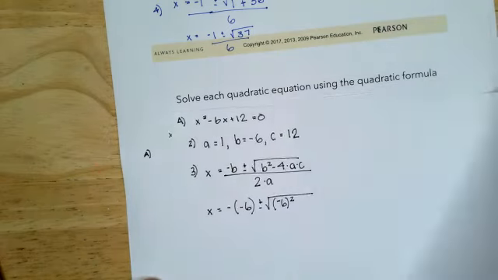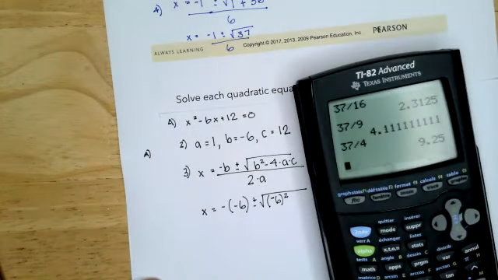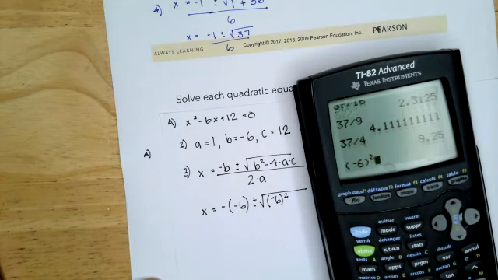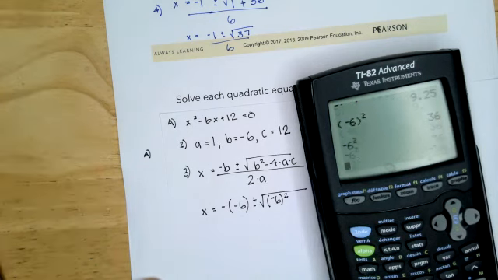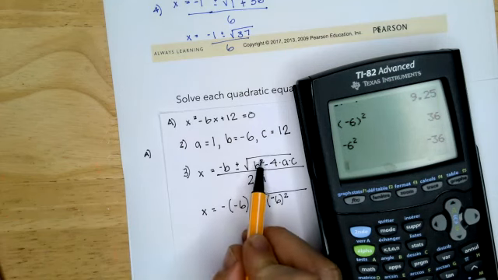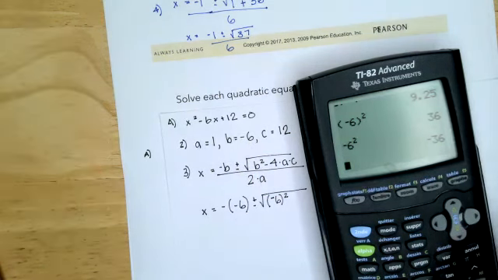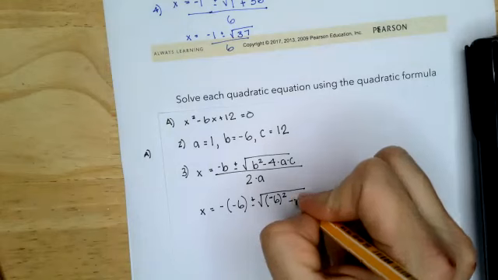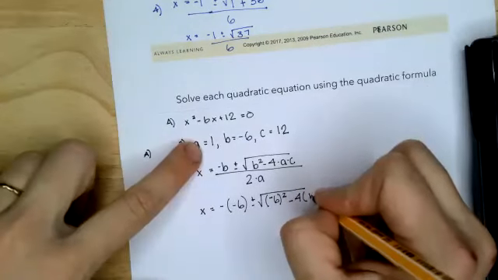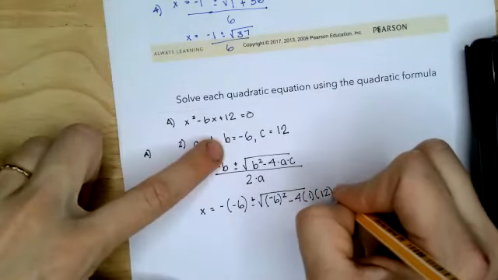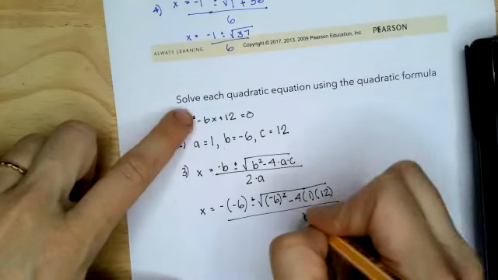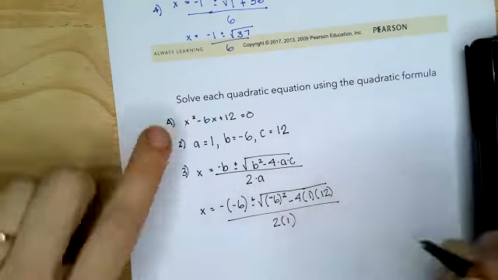When you're putting that in your calculator, remember, the square root of -6 with parentheses and the square root of -6 without parentheses will give you a different answer. Make sure we're taking the square of -6, so use parentheses. Minus 4 times, A was just 1 and C is 12. Divided by 2 times 1.